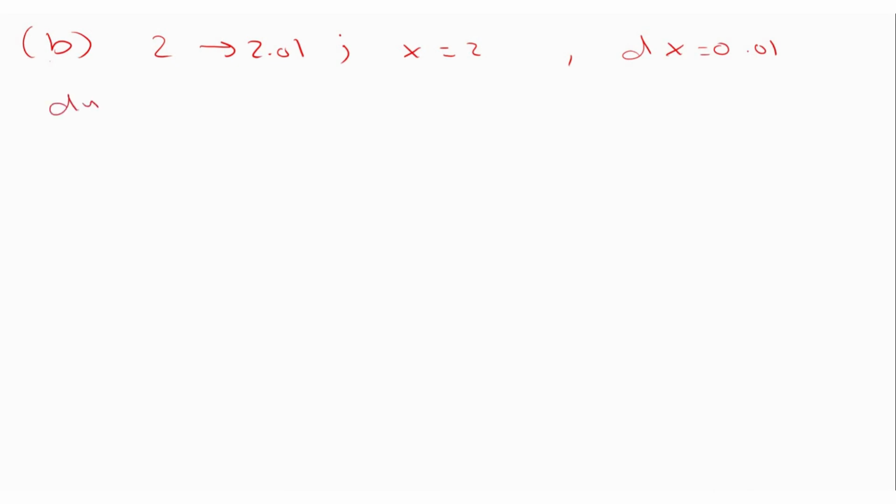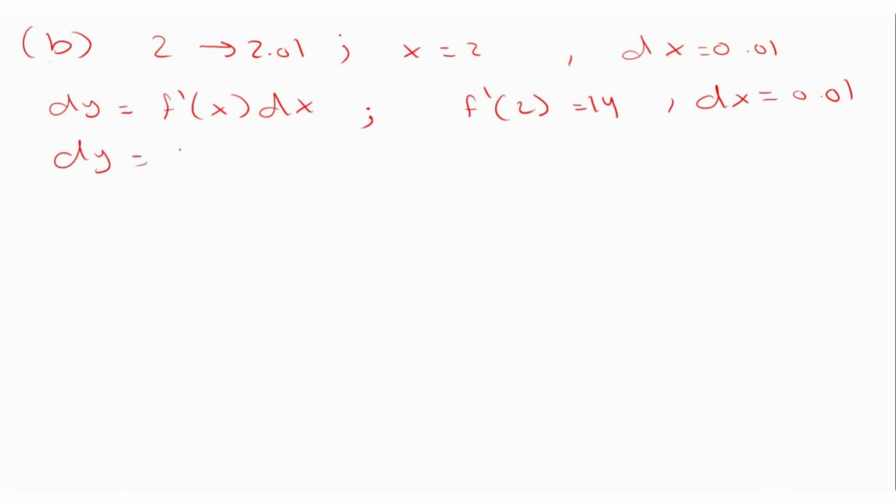Now to start with the differential, we have to get f prime at x multiplied by dx. As we have found earlier, f prime at 2 is going to be 14, but our dx now is different, which is 0.01. Now dy is going to be 14 times 0.01, and this will give us 0.14.